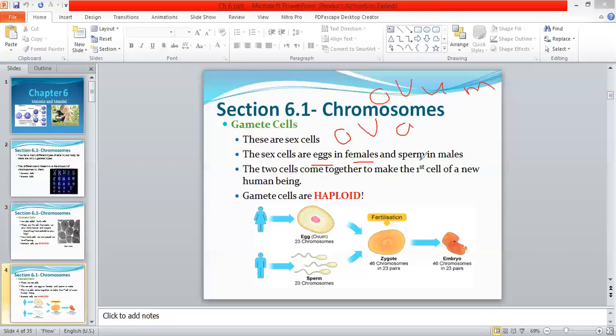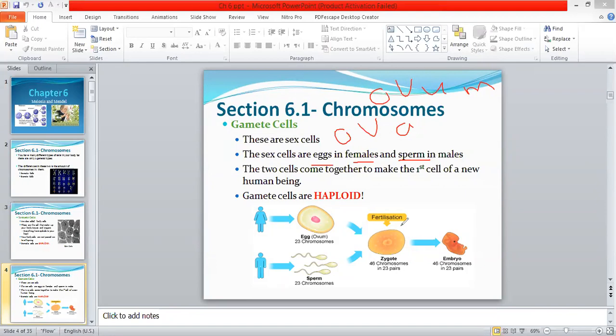In males it's called sperm. But the sex organs are testis in male and ovaries in female. You must know the difference between them because the sex organs are diploid. Testis and ovary are diploid.